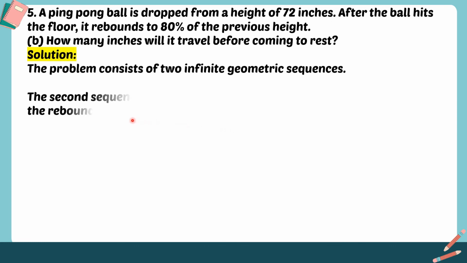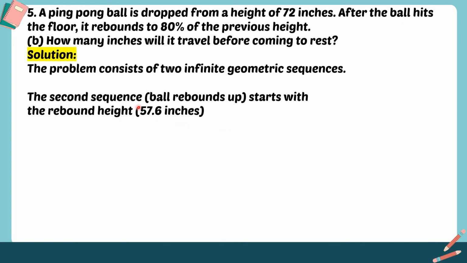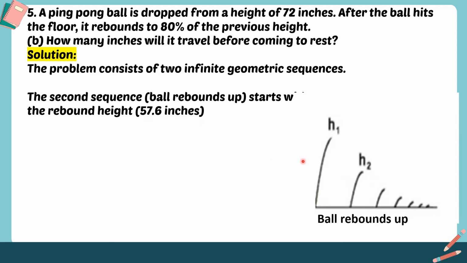Yung next naman ay kailangan natin isolve yung total height niya sa pag-rebound from 57.6 kasi ito na yung starting height niya kapag nagre-rebound na siya. So, parang ito na yung unang height niya, pangalawang height, pangatlong height, and so on.